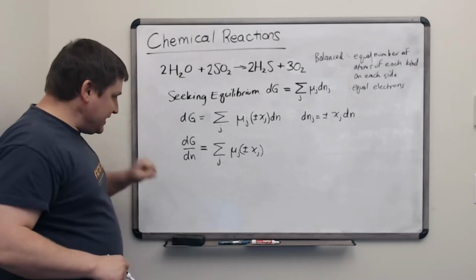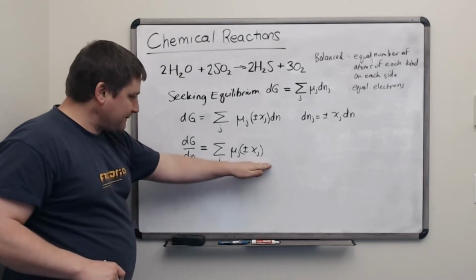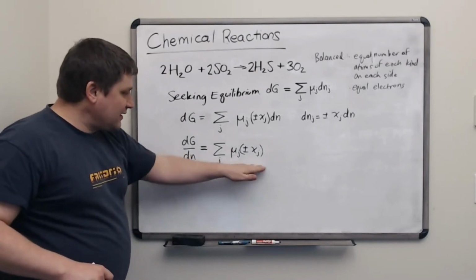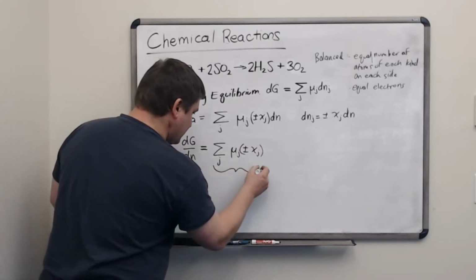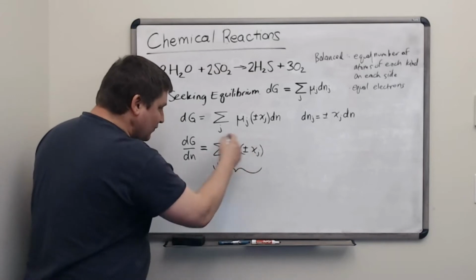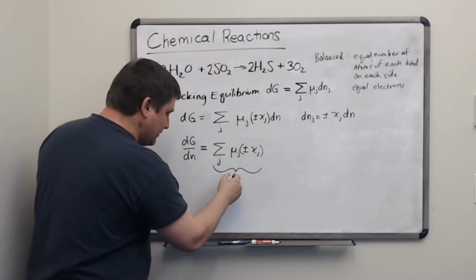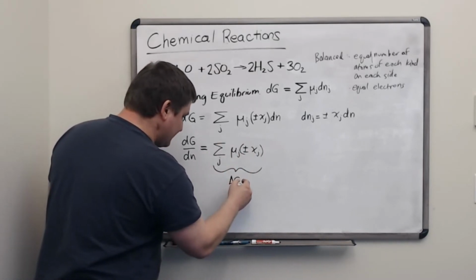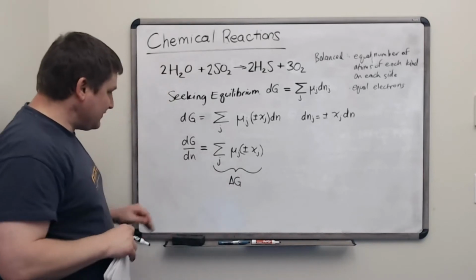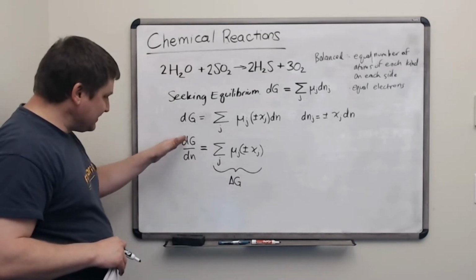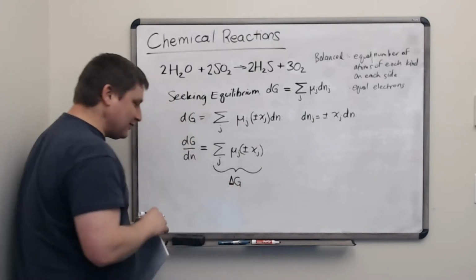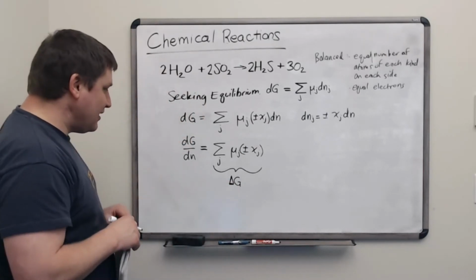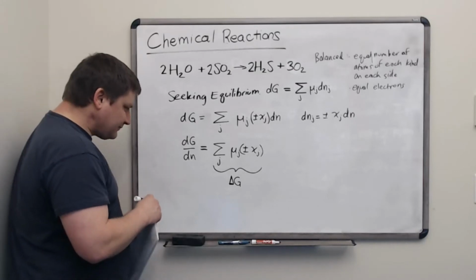And so if this quantity here is positive, all right, so this quantity here is what we call delta G. As again, you can see, it's not really a change in G, it's a derivative of G. But unfortunately, with the historical notation, this is called the delta G of that reaction.